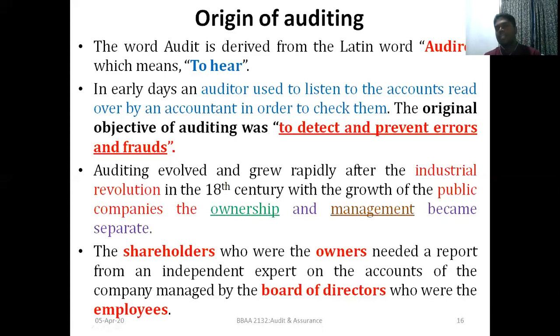Whenever they doubt the financial statements these people prepare, in order to make sure the prepared financial statements are correct or not, they need an audit report.